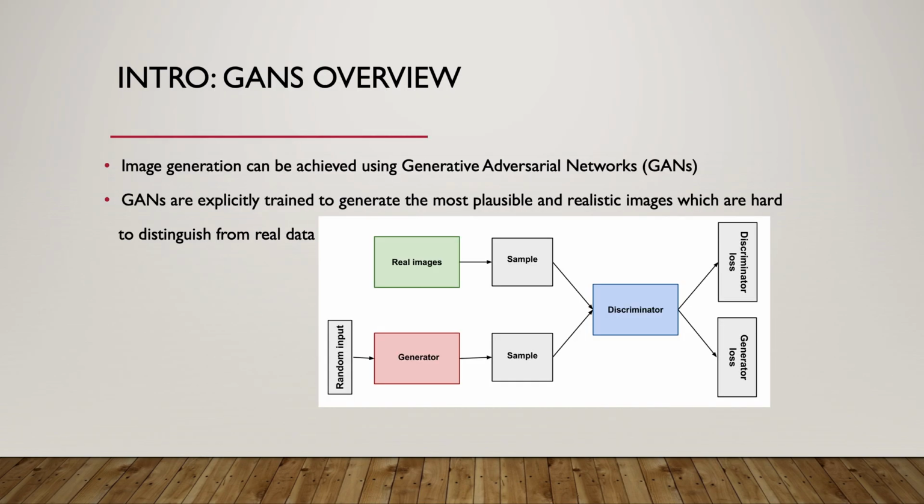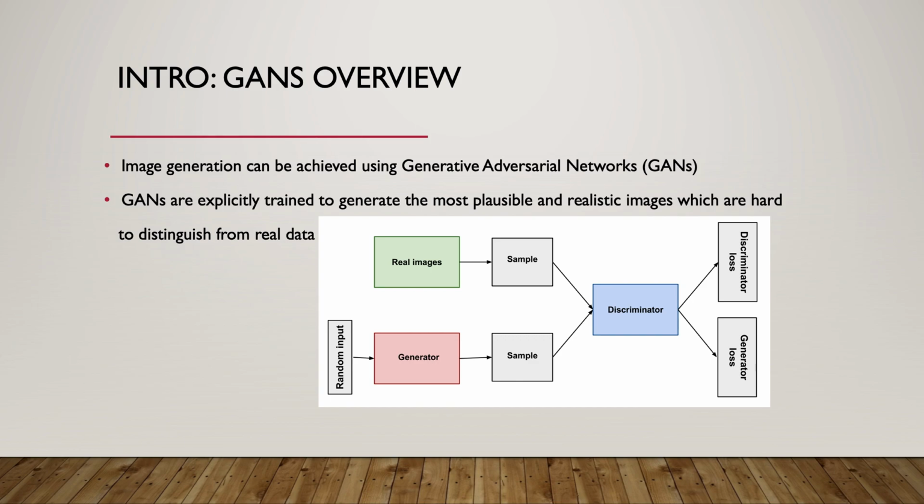So let's start with an introduction to GANs. So we know image generation can be achieved using GANs, as we discussed in class. So GANs are explicitly trained to generate the most plausible and realistic images, which are hard to distinguish from the real data. So this is a basic layout of a GAN. So a GAN is basically a pair of neural networks, the generator and the discriminator, as you can see there.